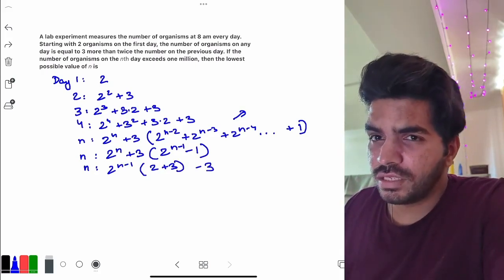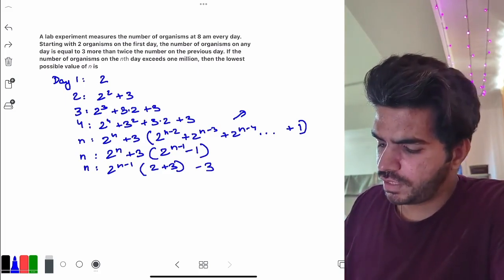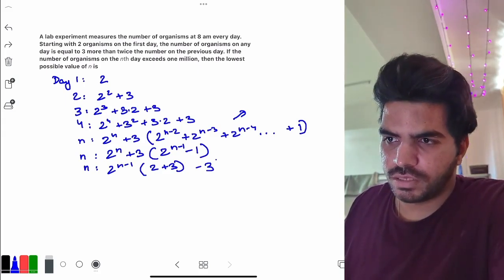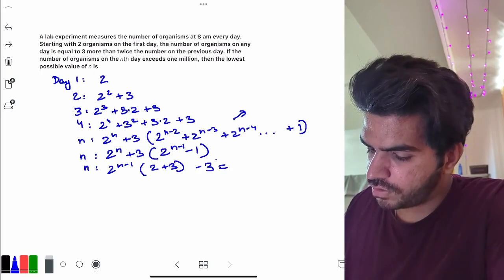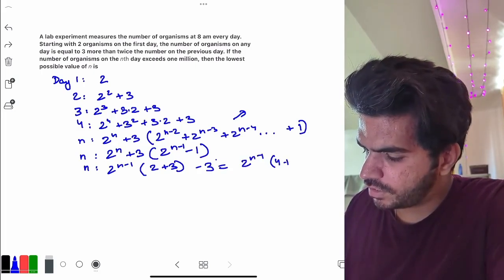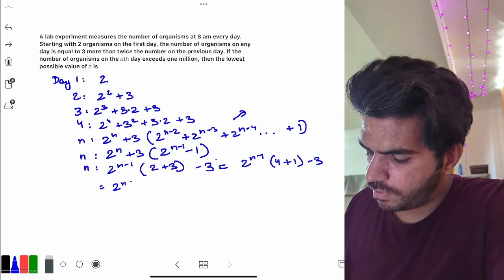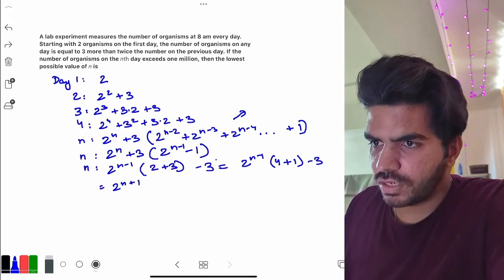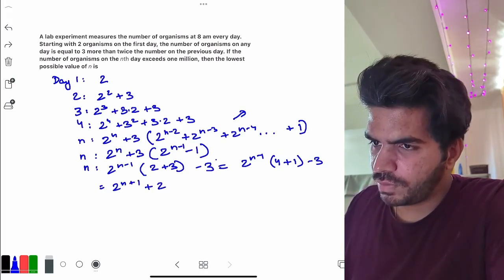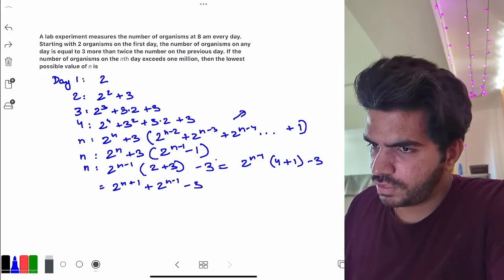On any nth day, the population will be in the form of this expression, which is also equal to 2 to the power n minus 1 into 4 plus 1 minus 3, which is again equal to 2 to the power n plus 1 plus 2 to the power n minus 1 minus 3.